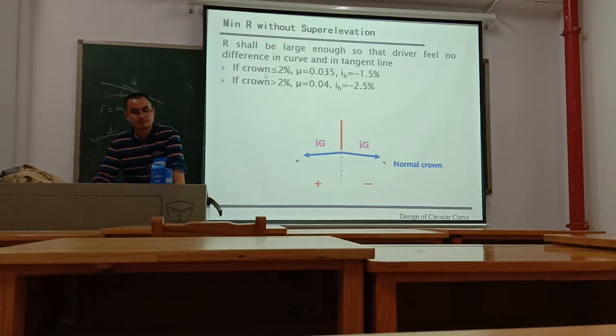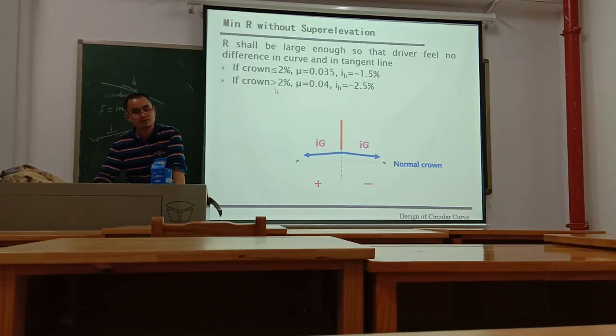If crown cross slope is less than 2%, mu is equal to 0.035, IH is equal to negative 1.5%.